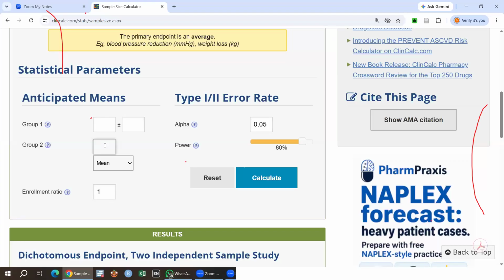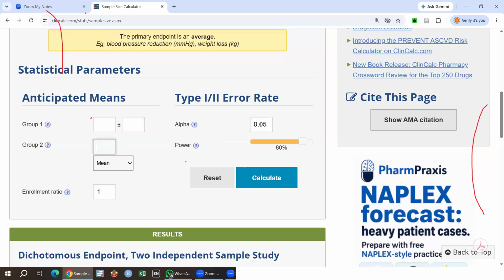In this case, this calculator assumes that the standard deviation is similar in group 2 also. So whatever standard deviation we entered in group 1, they assume the same standard deviation for group 2 also. Okay, so this is tricky here.